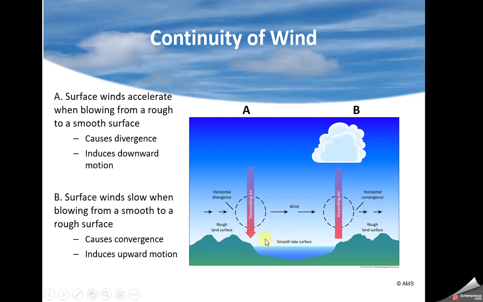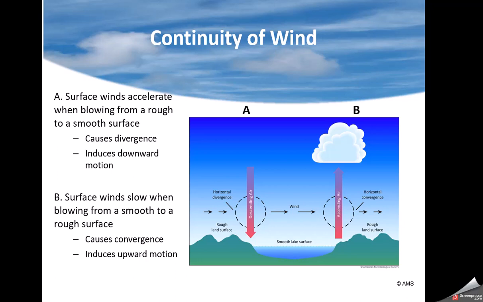There's not a lot of friction. So that air is moving very quickly towards the land. When the air hits the land, the friction's a lot higher. The air is going to slow down. So when it hits that, it's going to tend to rise. And when that convergence develops, the rising motion helps to cause showers or even thunderstorms.